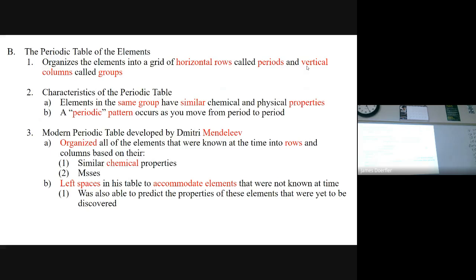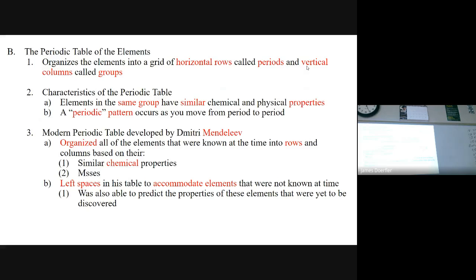And the current periodic table that we use was based off of a redeveloped periodic table done by Dmitry Mendeleev. He was not the only one that was working on establishing a new organization system for the known elements. Lothar Meyer was also another scientist working at about the same time as Dmitry Mendeleev.